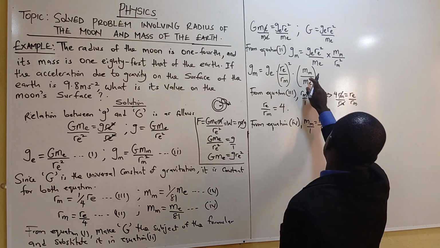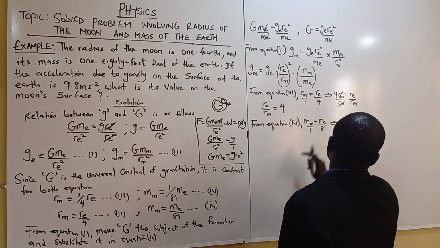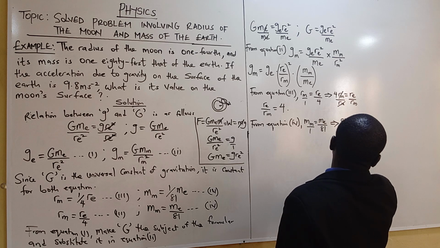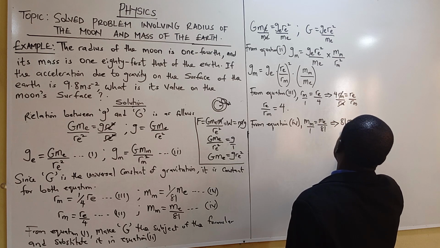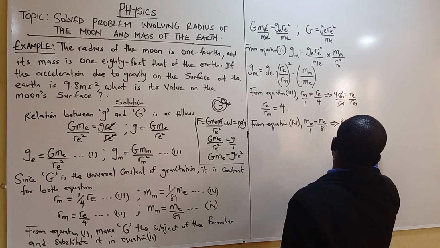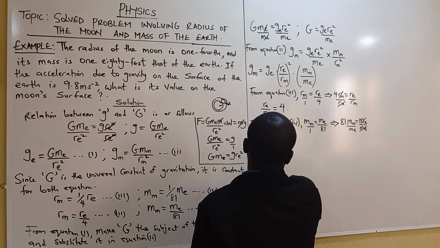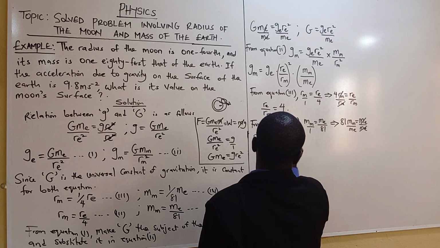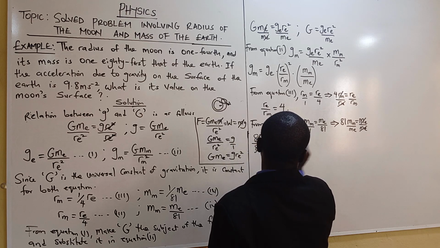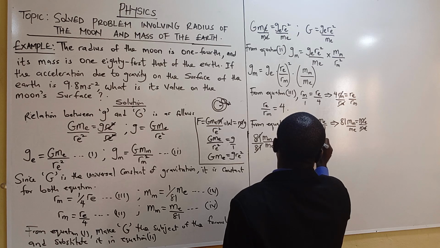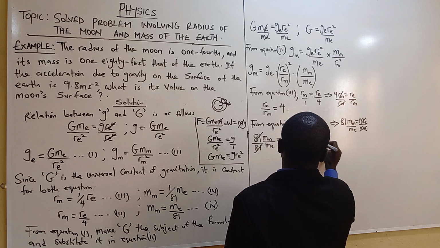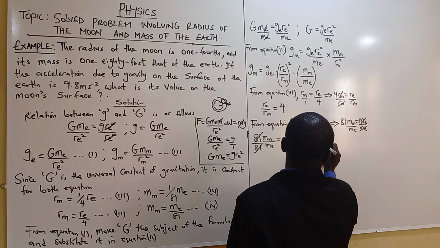We need m over M e. Divide both sides by M e. This will cancel this. You have 81 m over M e equals 1. Divide both sides by 81. This cancels this. You have m over M e equals 1 over 81.